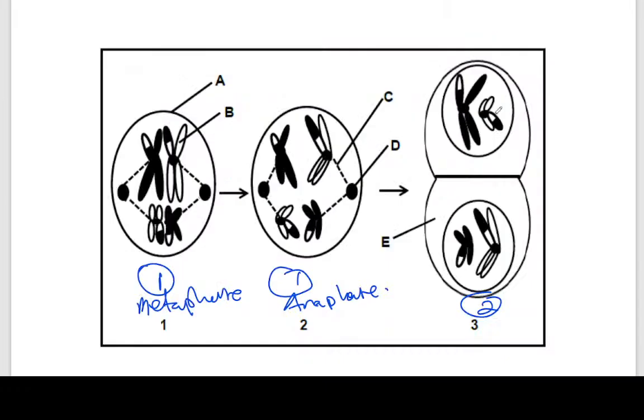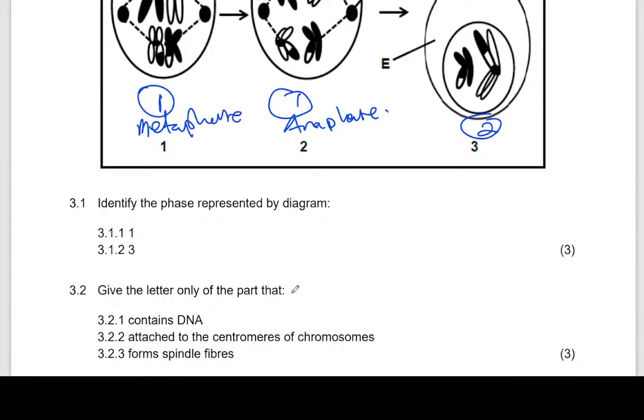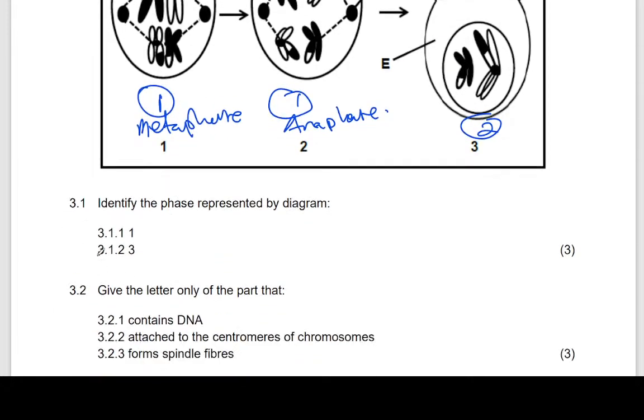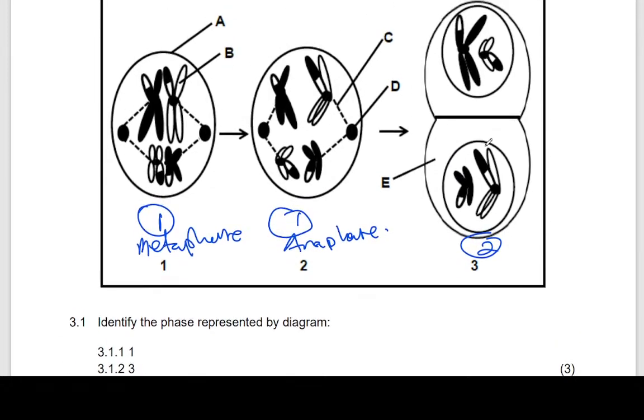Okay, now let's go to the questions. We will find out what it is. Identify the phase represented by diagram 1. I think it's this, so this is metaphase 1. Identify the phase. This is this. So this is going to be telophase 1.